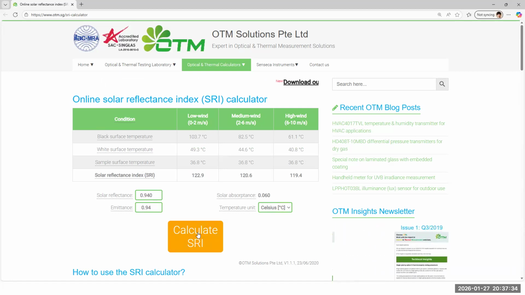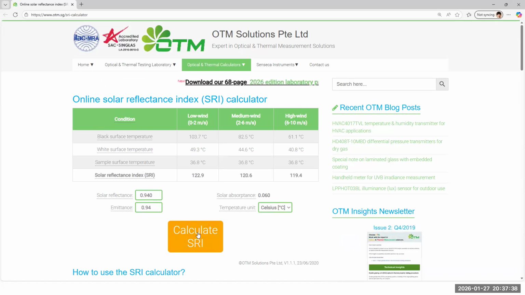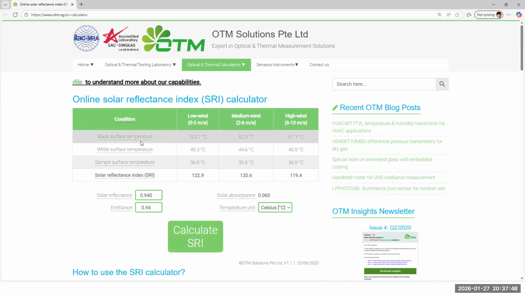Which means the surface temperature of that cool surface is much lower.